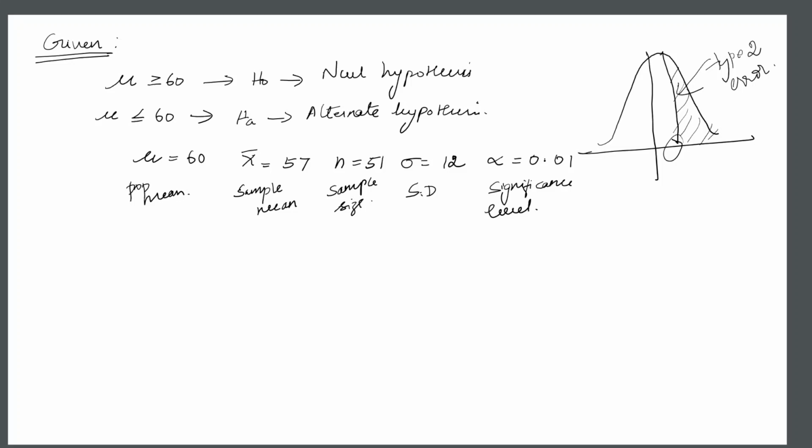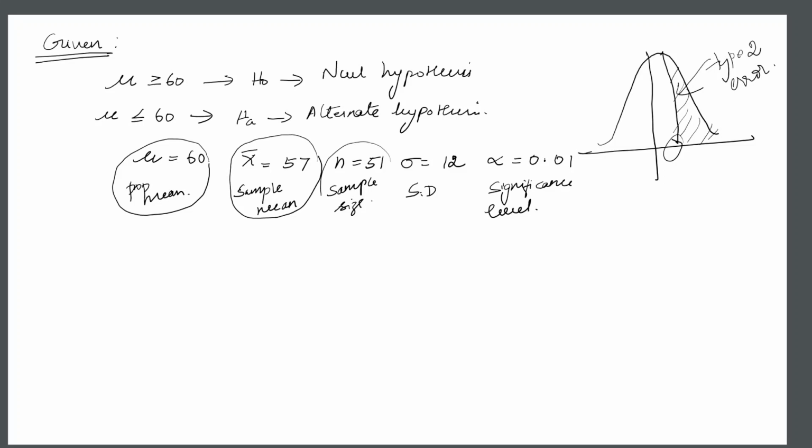So we have written the given values: mu greater than or equal to 60 is our null hypothesis, which we have to reject; mu less than 60 is the alternative hypothesis. The population mean we already know is 60, and the sample mean he calculated is 57.